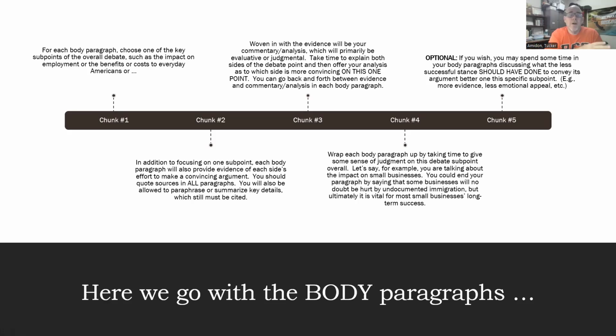So maybe in one of your paragraphs, you're going to say undocumented immigration is not on the winning side of this particular point, but over the course of your entire essay, maybe it is. Or AI does offer something of real value, but overall its risks are too great. So you can say something in one of your body paragraphs. You could determine AI is doing some good stuff, but your other body paragraphs indicate it's causing too much harm. So your essay overall is, nope, more harm than good.